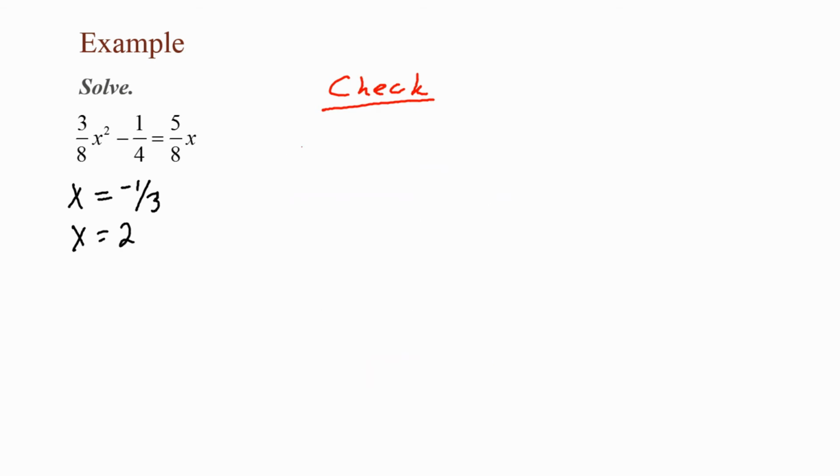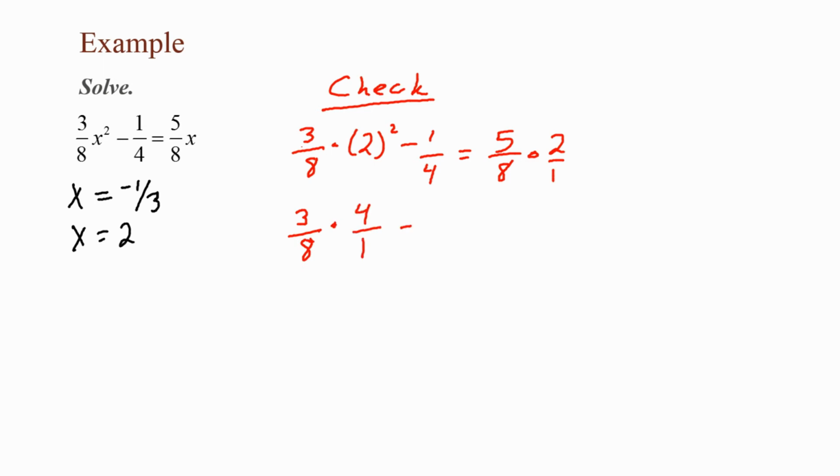Now we're ready to check 2, so I have 3/8 times 2 squared minus 1/4 equals 5/8 times 2. I bring down my 3/8 times 2 squared is 4 minus 1/4 equals 5/8 times 2 gives me 10 over 8, which reduces to 5/4. 3/8 times 1/4, I can cancel my 4 and my 8.